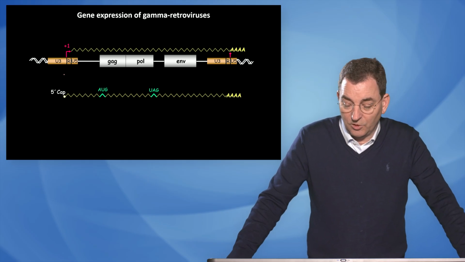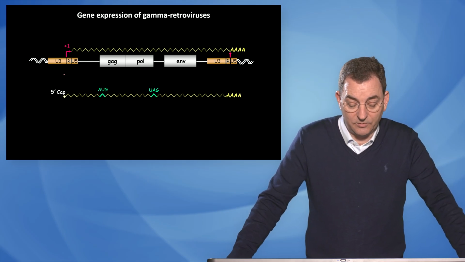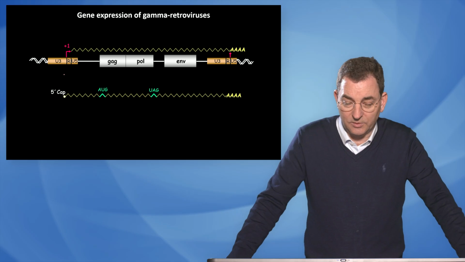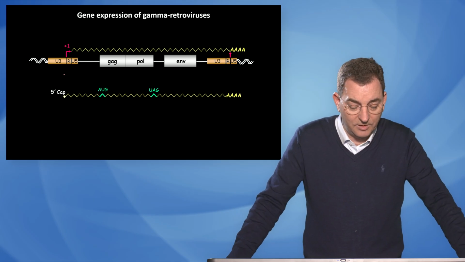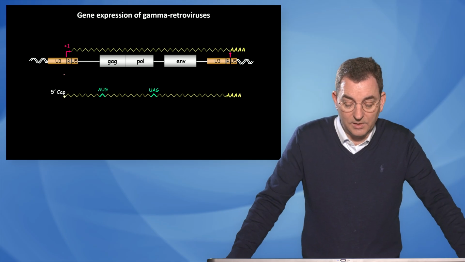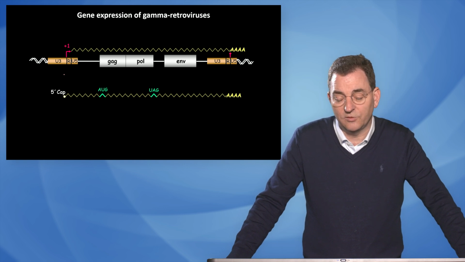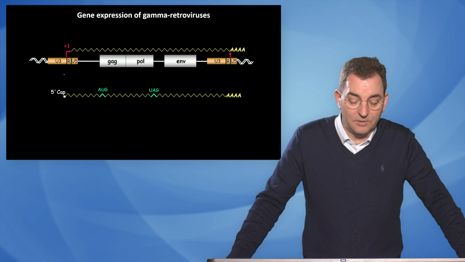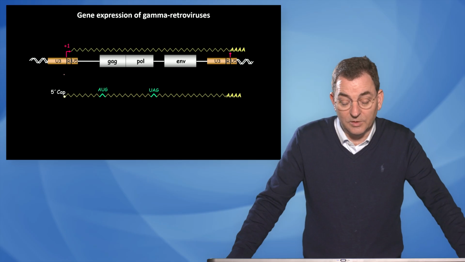One is the genomic RNA, which can be directly translated after transport out of the nucleus into the cytoplasm. We have the 5' cap, we have our start codon, AUG, and a stop codon at the end of the POL region, UAG, and also there will be, and I'll show this to you in a second, a stop codon at the end of the GAG region, so between GAG and POL.